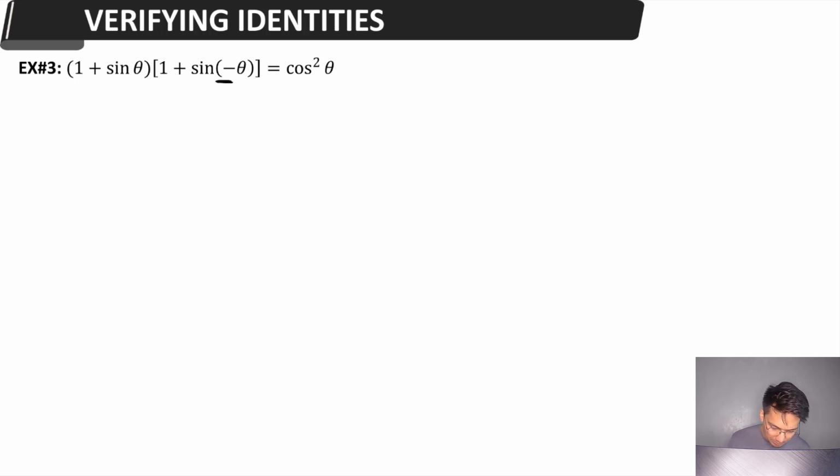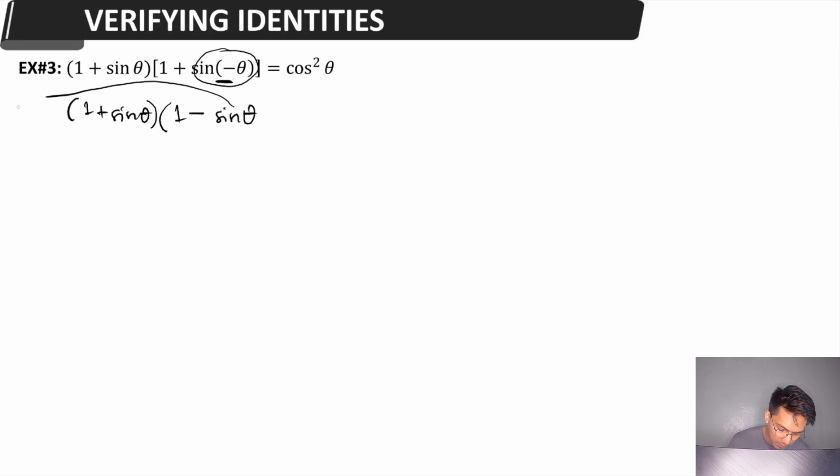So, gawin natin, i-write down, bring down 1 plus sine theta, kasi siya na muna yan. And then, gagamitan natin itong part na to ng even odd identity. And by even odd identity, sine negative theta is directly equal to negative sine theta. So, pag sinulat natin yan, this is 1 minus sine theta.